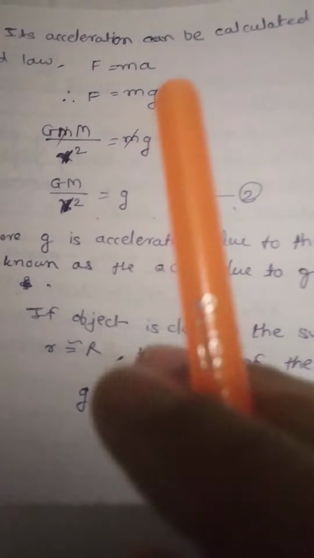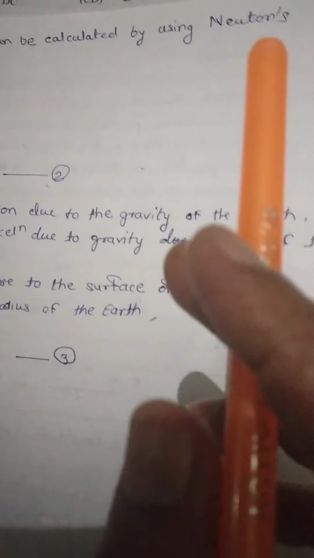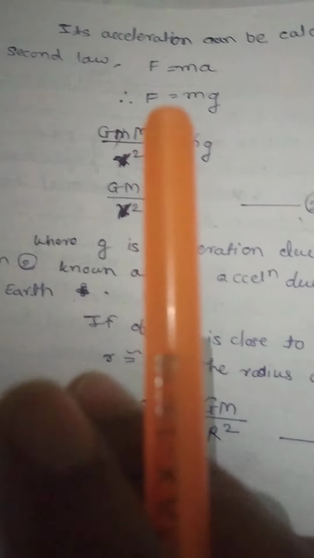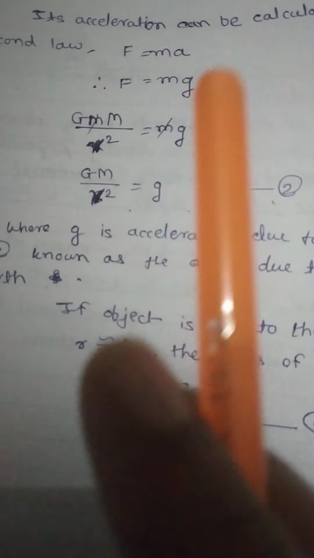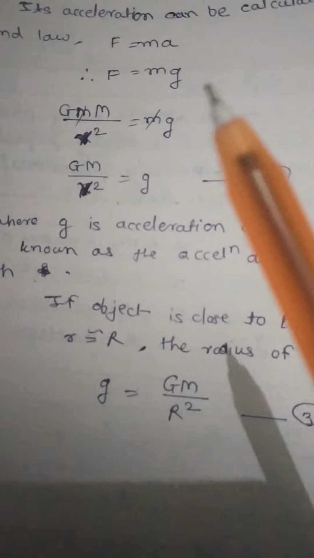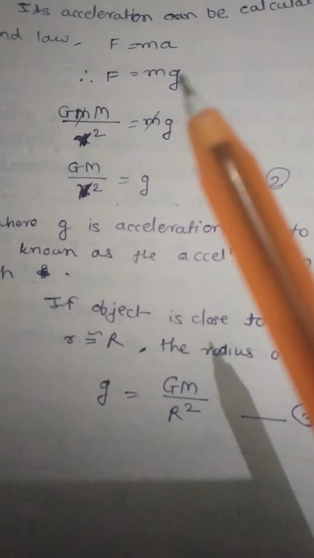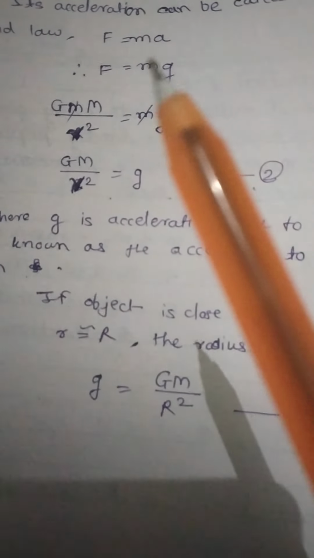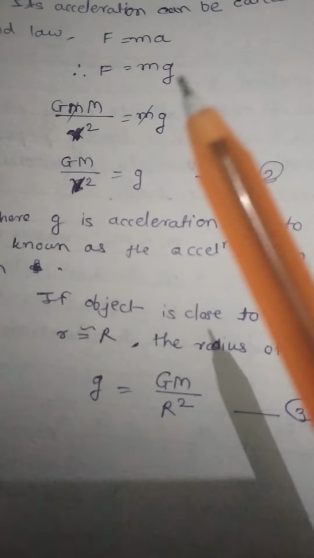So the acceleration can be calculated by using Newton's second law. F is equal to ma, we write Newton's second law. Here a means normal acceleration. For the earth, we do not write a normal acceleration, we write acceleration due to gravity.